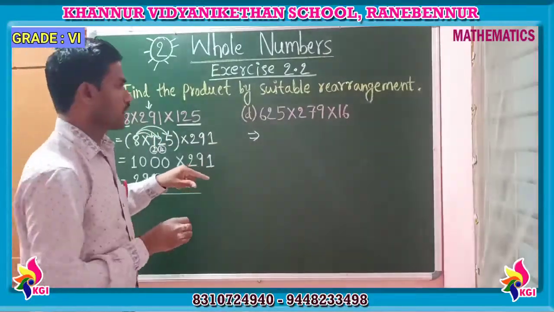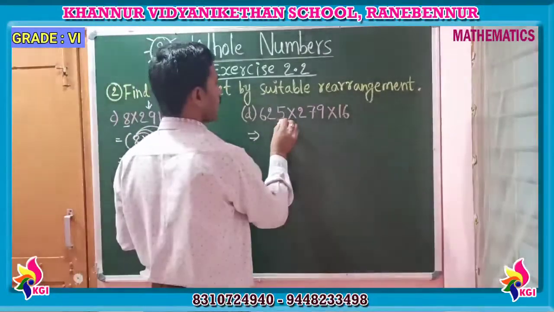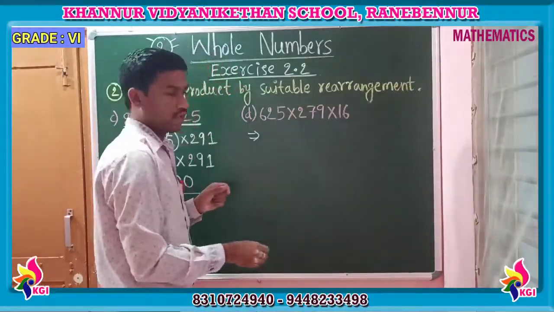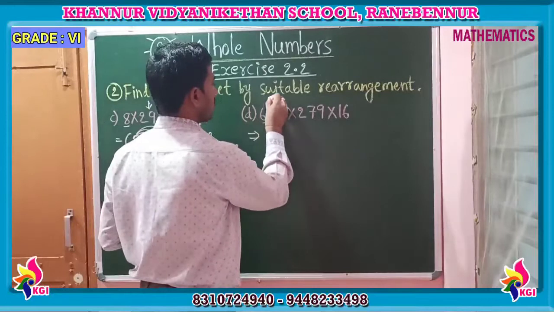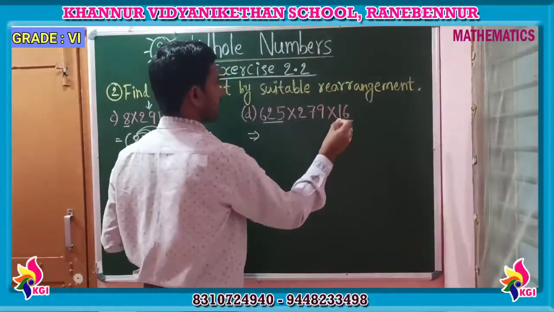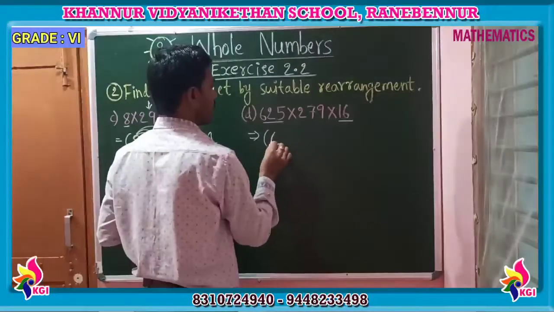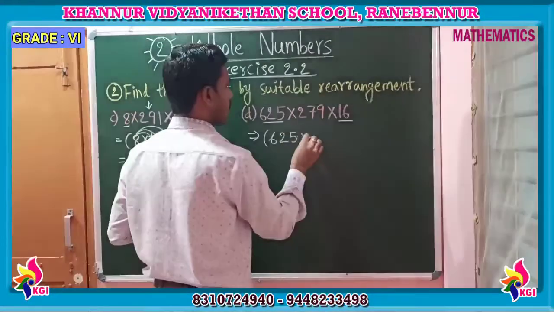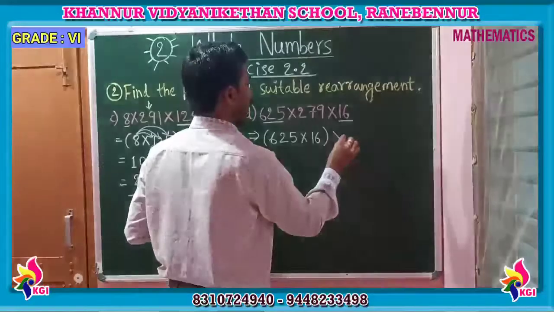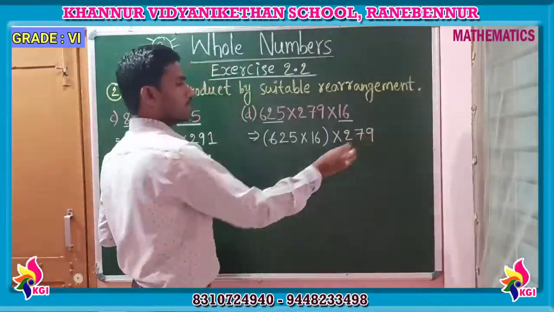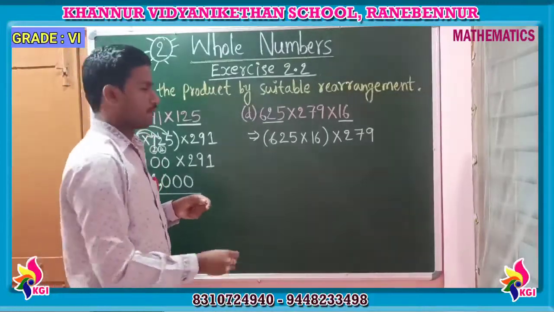Next, D question is telling that 625 is multiplied by 279 is multiplied by 16. First of all, what you do children, this first number and this third number you can take in a group, or first you have to multiply these two numbers and then with the help of that product you can multiply to this 279.